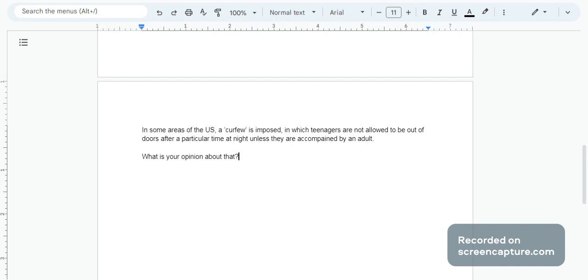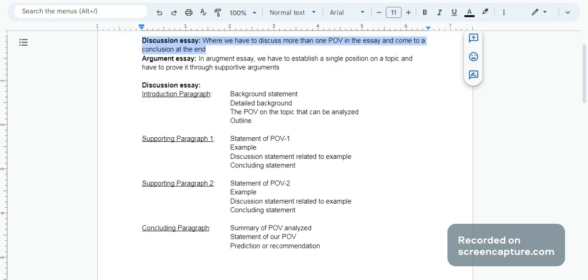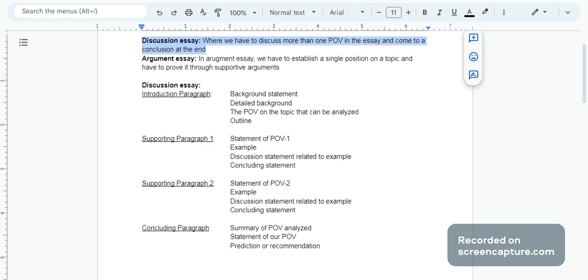So here is the topic, and in this topic particularly, multiple points of view can be discussed. So here we start. We are going to write a discussion essay, and you need to understand that in a discussion essay we break it down into four paragraphs.